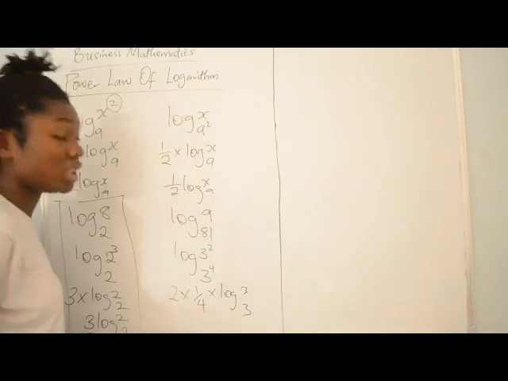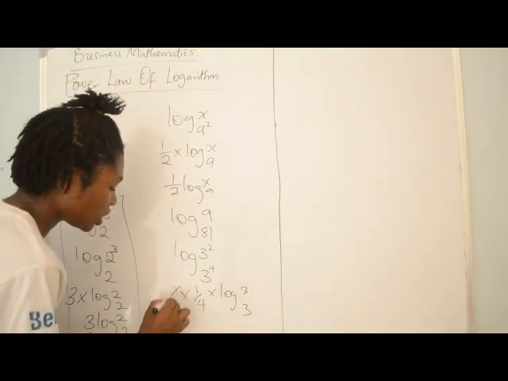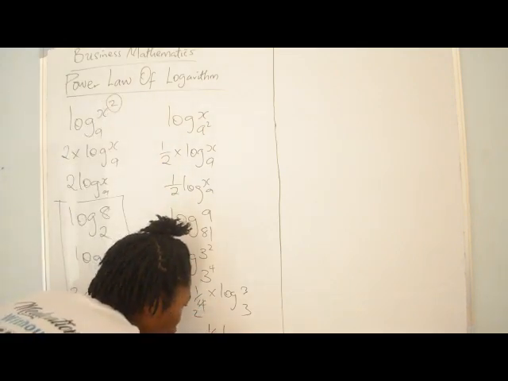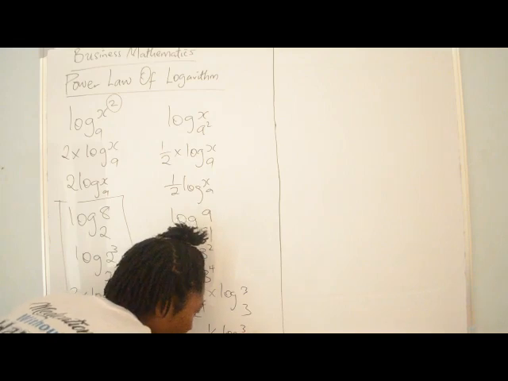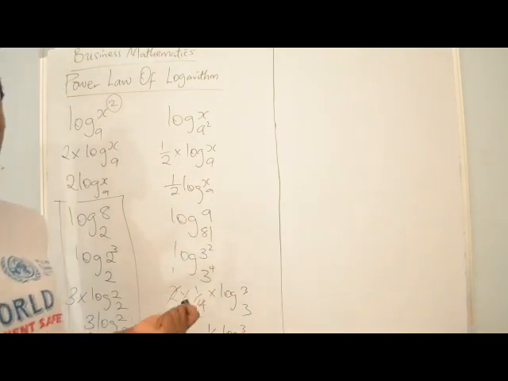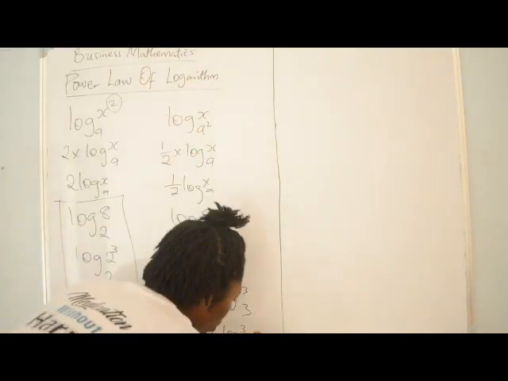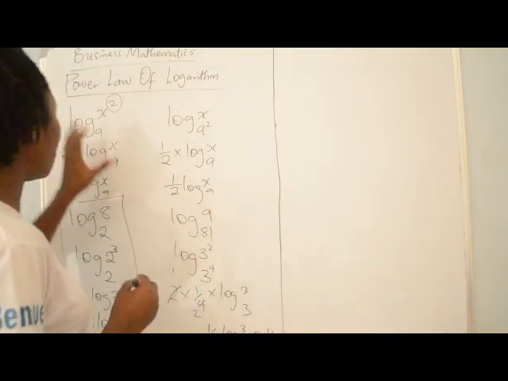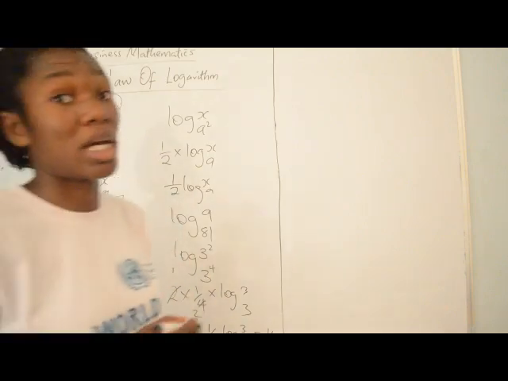Now 2 over 4 will be giving us 1 over 2, right? 2 we cancel here, 1 cancel here, 2. So we have 1 over 2 log 3 base 3. And logarithm of the same base, like we say, is 1, okay? So that will be giving us what? 1 over 2. Okay, so this is what it means when our base or our whole number has the power.